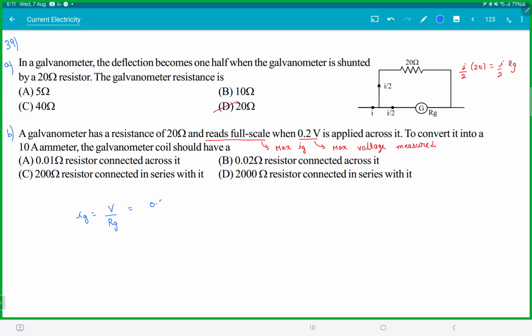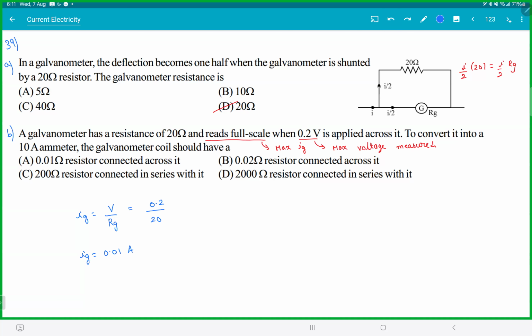So you are measuring 0.2 volts and RG is 20 ohms. So IG is 0.01 ampere. So the maximum current you can measure in the galvanometer is 0.01 ampere or 10 milliamperes. Anything more than this, the galvanometer will burn. So the first point is given only to find IG.